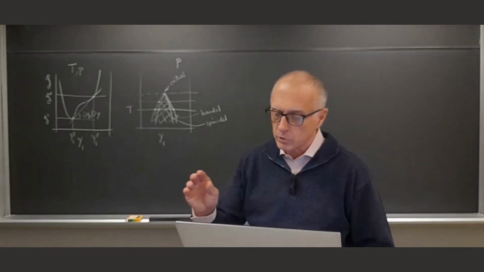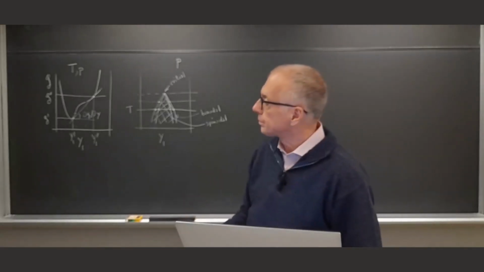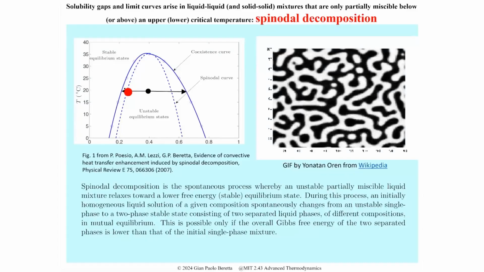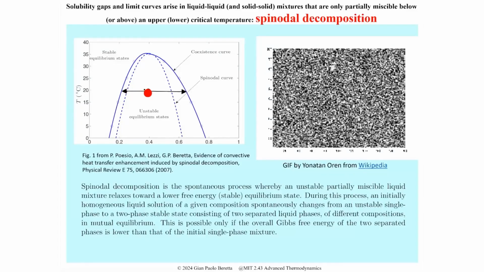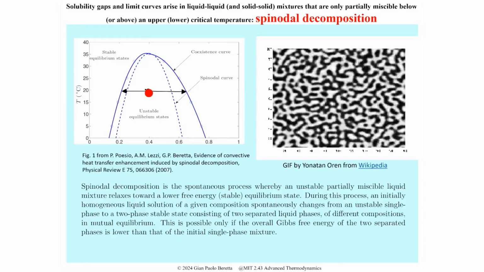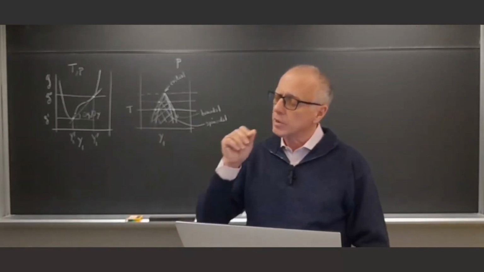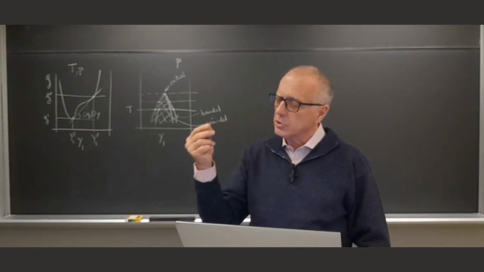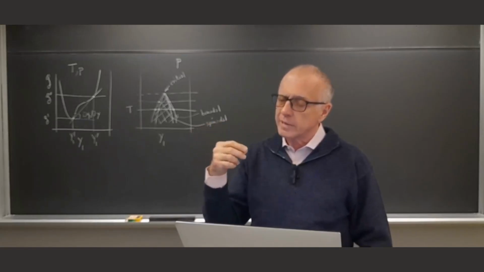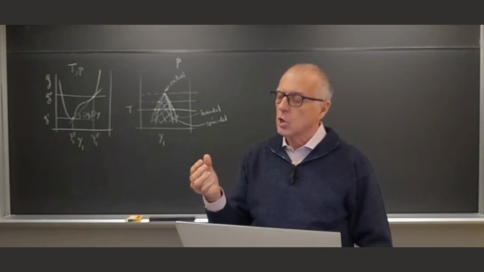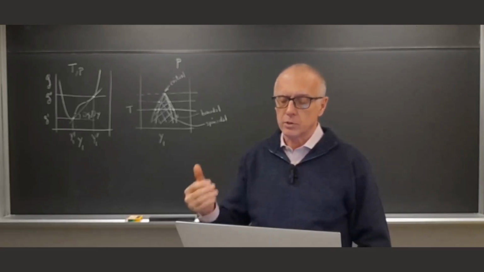So you get a diffusion process, and this is fast because, as we have seen for the van der Waals case, we have a lot of free energy available to create the surface that separates the two phases.